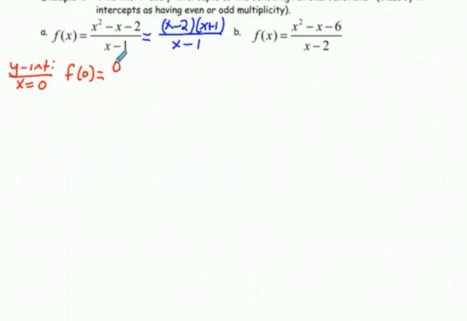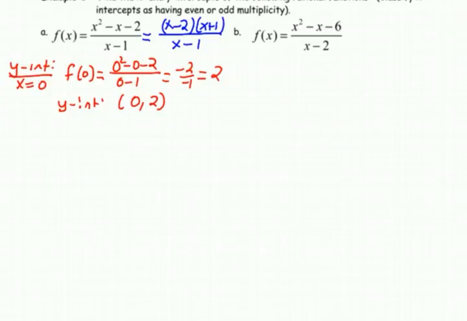So I would have 0 squared minus 0 minus 2 over 0 minus 1, which is going to be negative 2 over negative 1, which is positive 2. And I'm going to ask that you write y-intercepts as ordered pairs. So in this case, the y-intercept is the ordered pair 0, 2.